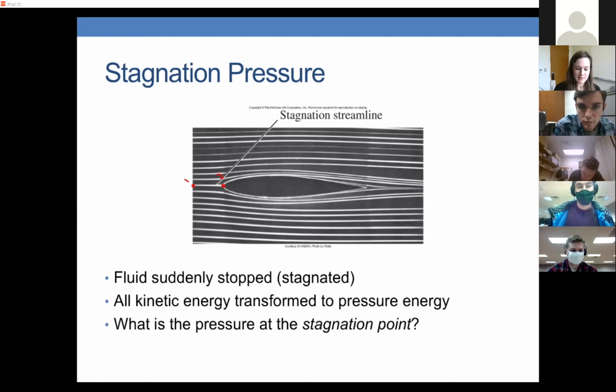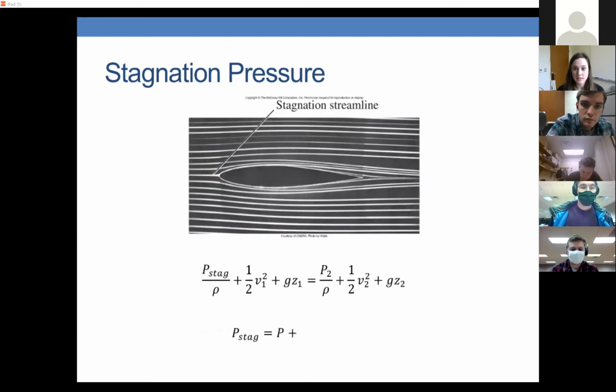So what is the pressure at the stagnation point? Because that pressure, the stagnation pressure, actually gives us a measure of the kinetic energy inside a flowing fluid. Because we said if all of that kinetic energy turned into pressure, this is the pressure we would get. Okay?